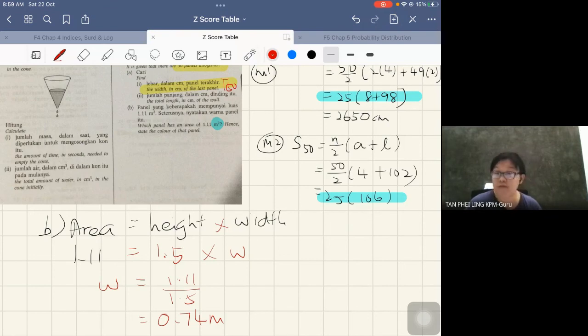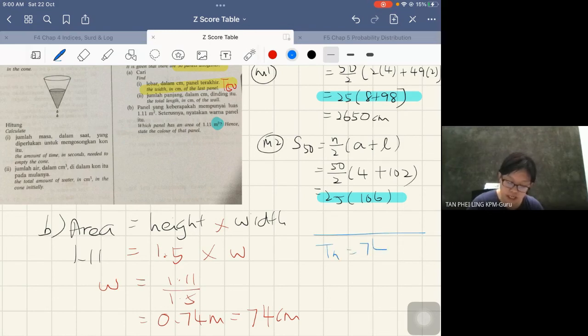So 0.74 meter. Very careful, we change to 74 cm first, because later we're going to make silly mistakes again. So now they want us to find out which width will be 74 cm in order for it to become the area of 1.11. Is that okay? So now 74 cm, you need to find out Tn equals 74.